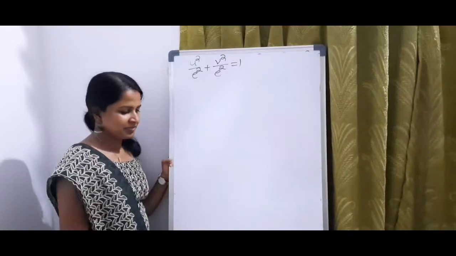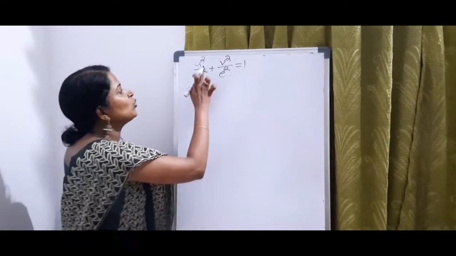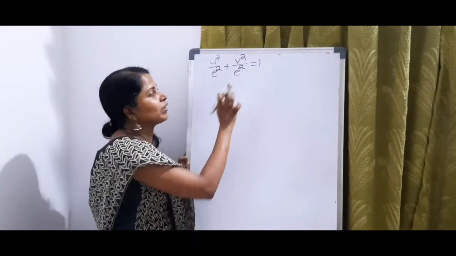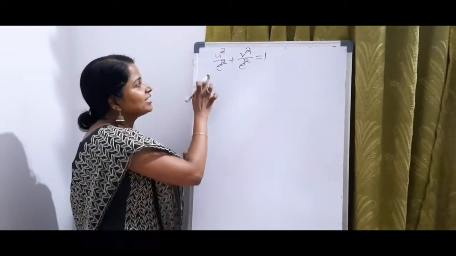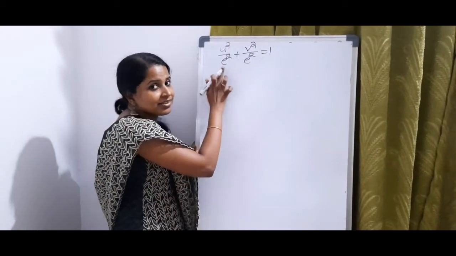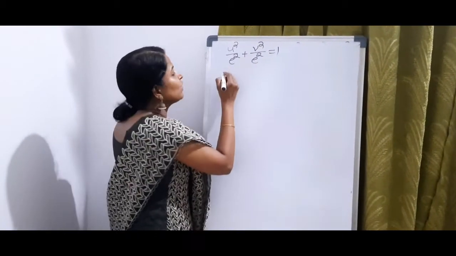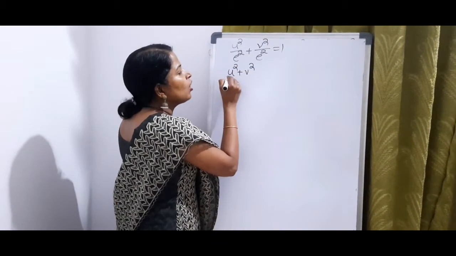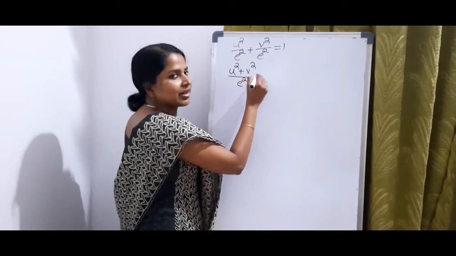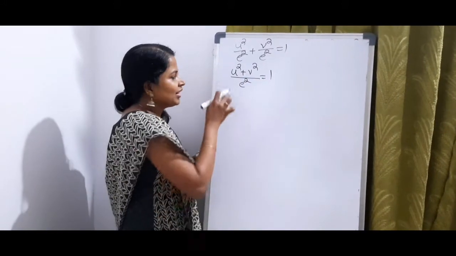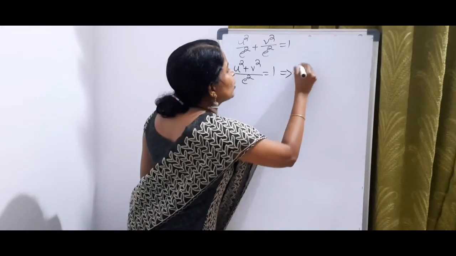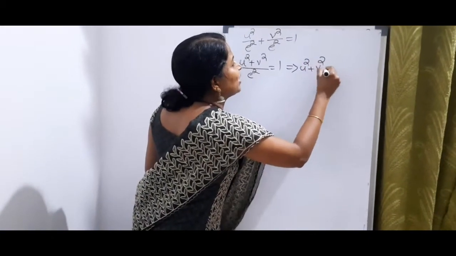Same denominator, so we write u square plus v square whole divided by e square equal to 1. Take this e square to the right side. We get u square plus v square equal to e square.